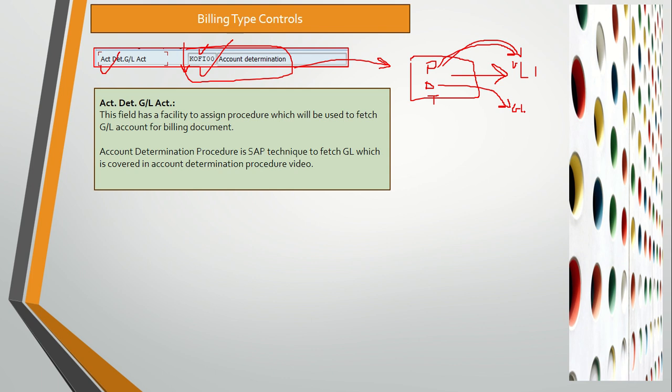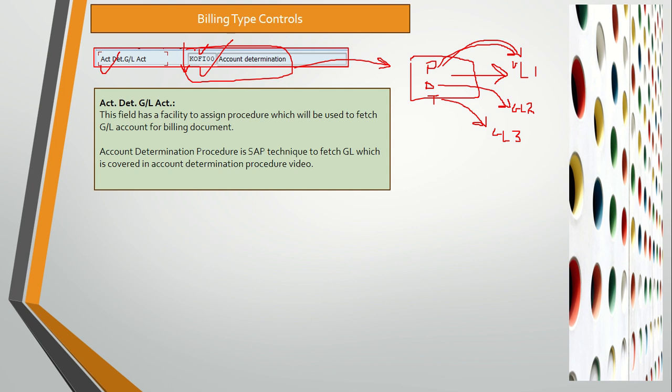When I say GL1 or GL2, that is decided by finance. Tax, for example, has to go to GL3. So price will go to GL1, discount to GL2, tax to GL3. But how will the system know where it has to be posted?